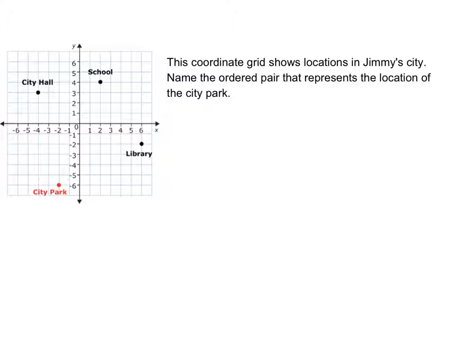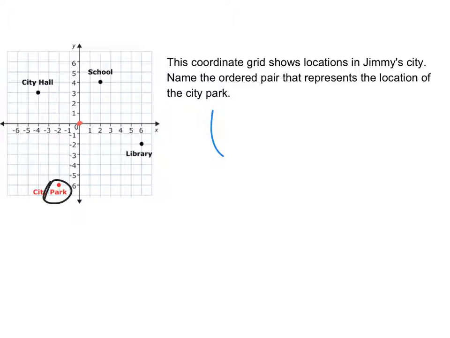Another example, we've got another coordinate plane. Now we've got a few points on it, so we have to make sure we know which one it's asking for. This coordinate grid shows the locations in Jimmy's city. Name the ordered pair that represents the location of the city park. The city park is this one down here. Just like always, we start at the origin. For our ordered pair, we always go left or right first.